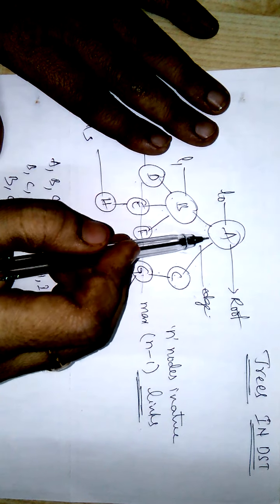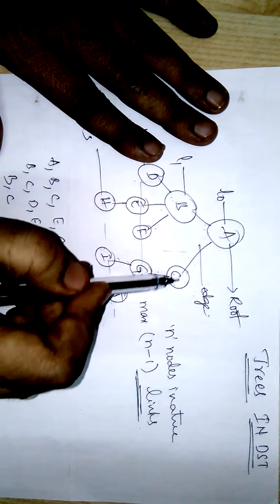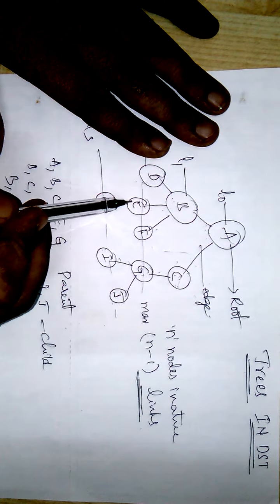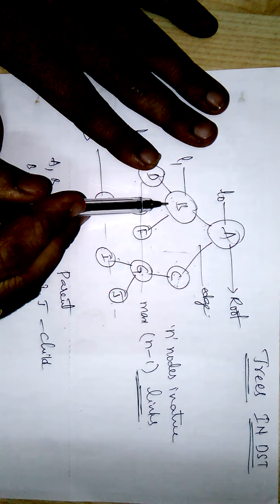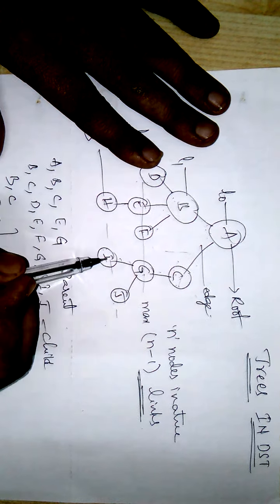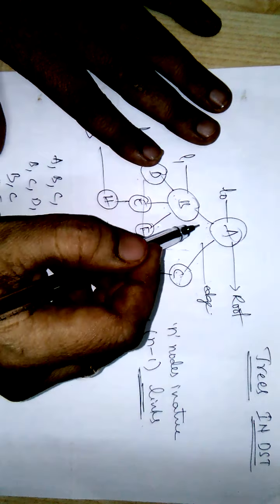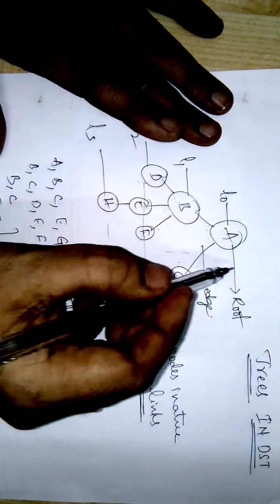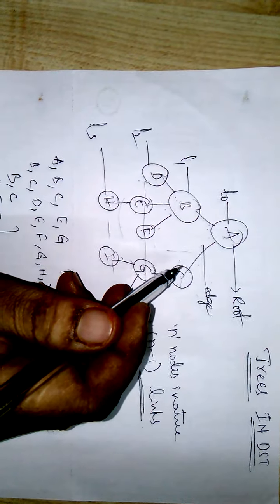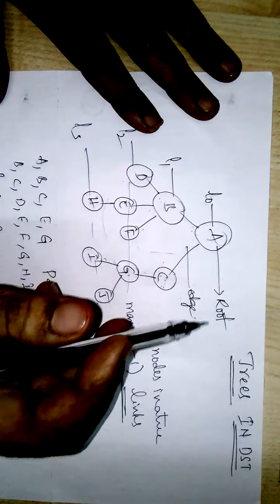Here B and C are children of A. D, E, F are children of B. G is child of C. I, J are children of G. So in a tree data structure, a node can have any number of child nodes. This is called a tree data structure.